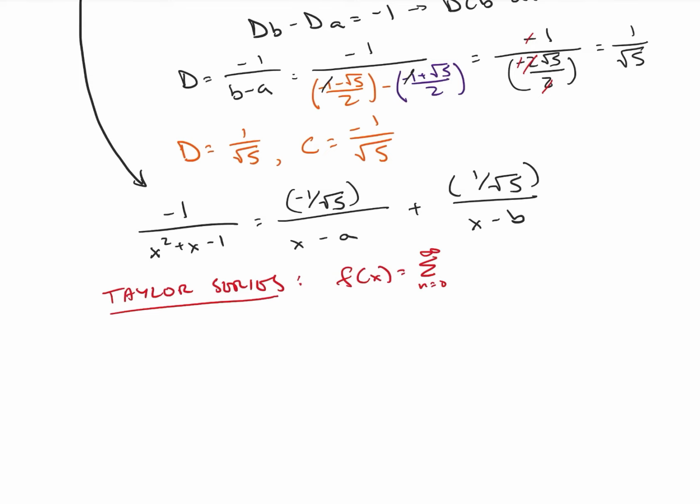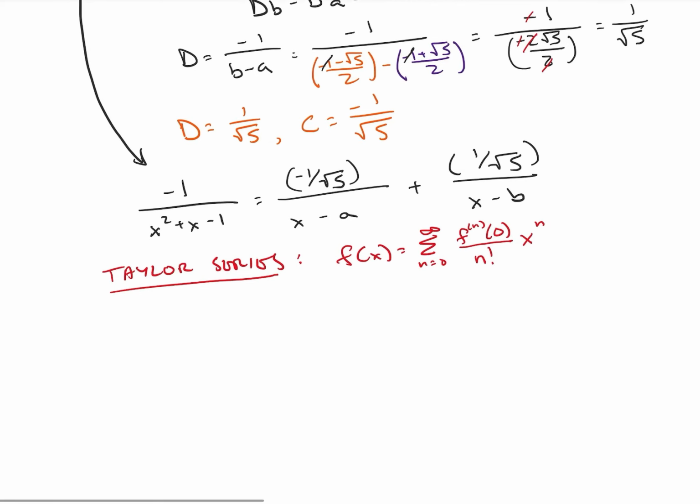Sorry, that's not a true statement what I just said. It won't always converge, but that's not important when we're doing ordinary generating functions. What we're concerned with are, once again, the coefficients. So f sub n, or the nth derivative of f evaluated at 0, so this is technically a Maclaurin series, times x to the n.